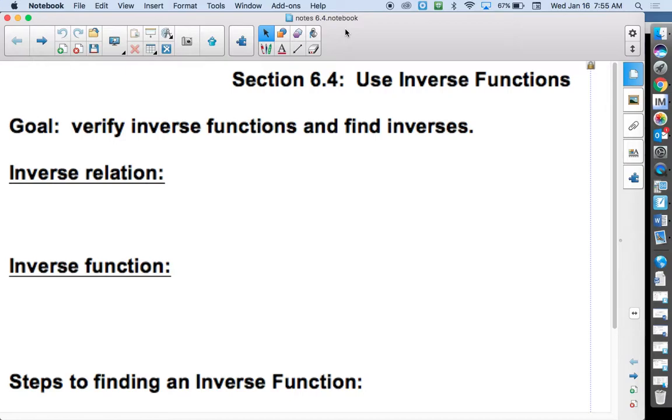So in your packet, we're going to start inverse functions today. So we're working with trying to do different operations with functions. So we've added, subtracted, multiplied, divided. Now we have this composite function where we're trying to use substitution.